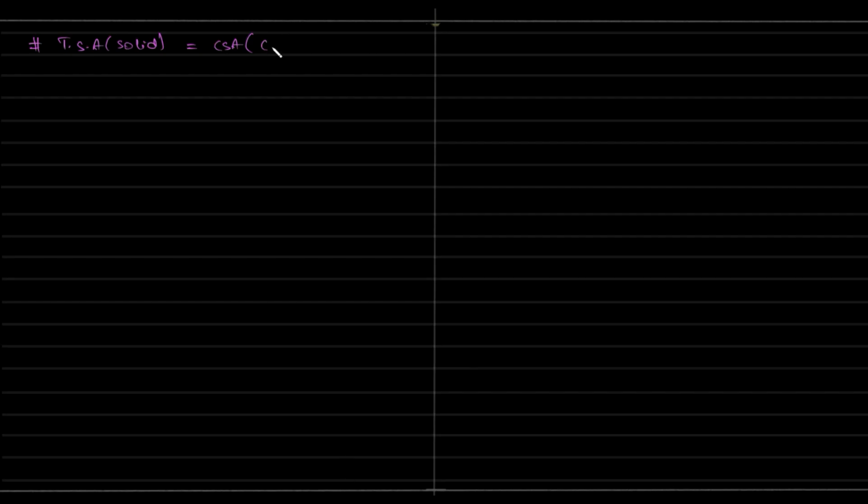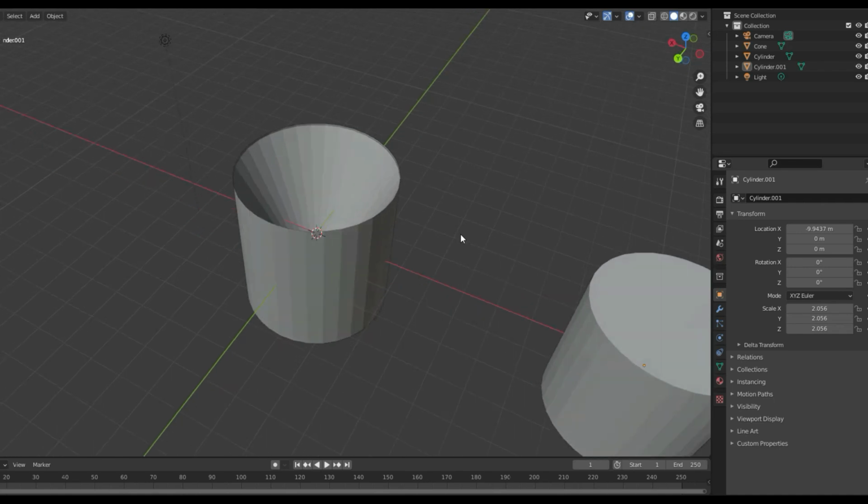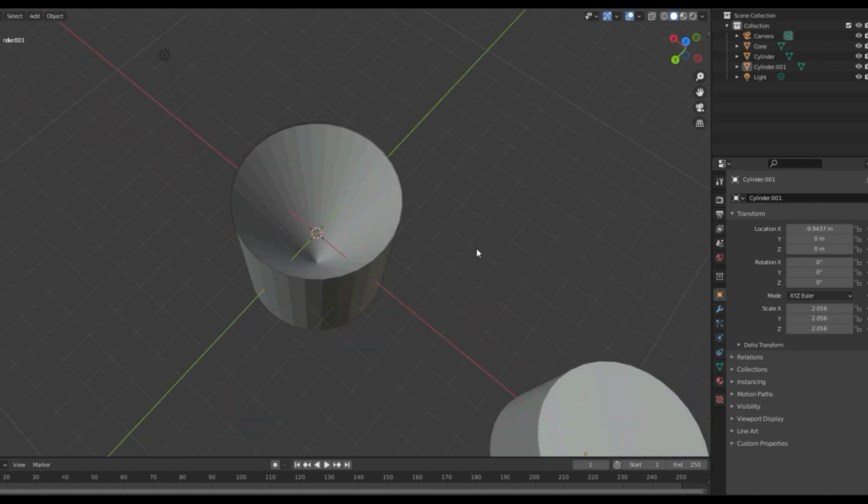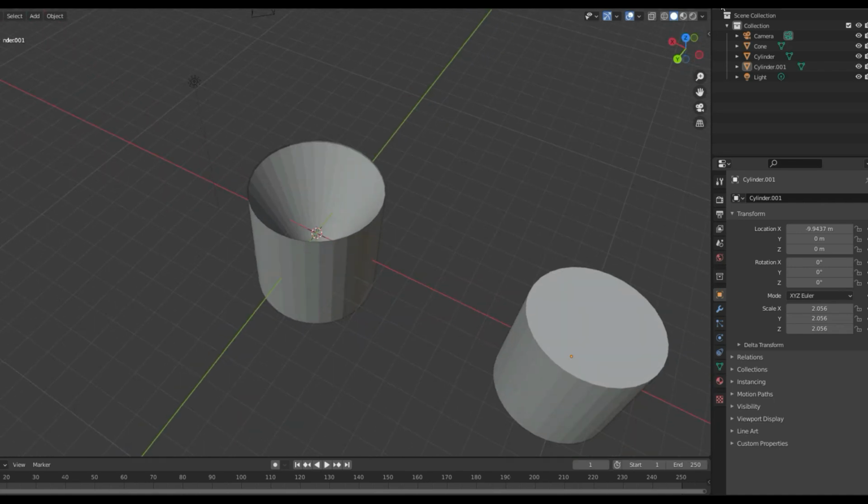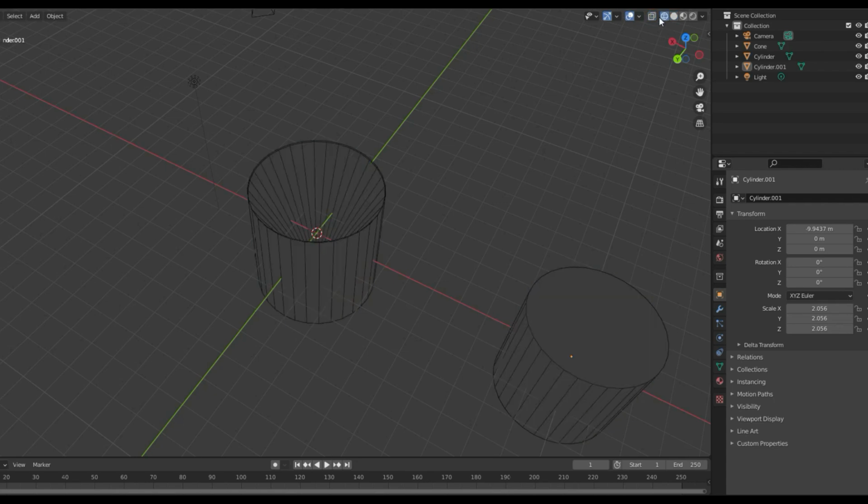So curved surface area of the cylinder, whose height is 24 by 10 and radius is 7 by 10. Plus, what else is left out? Plus, you have the cone, right? We have the cone. Okay, so let me show that again.